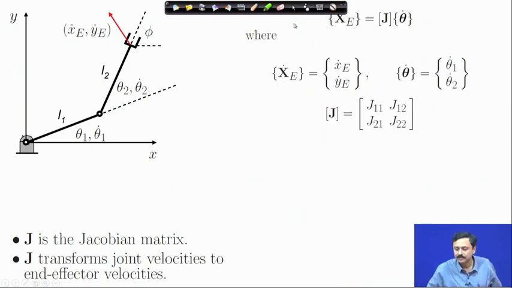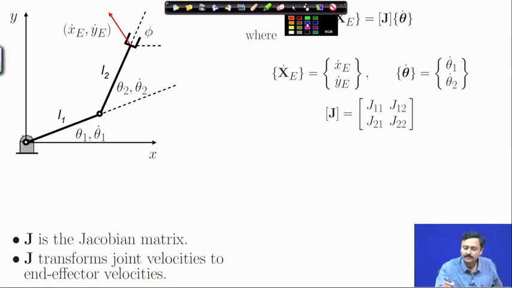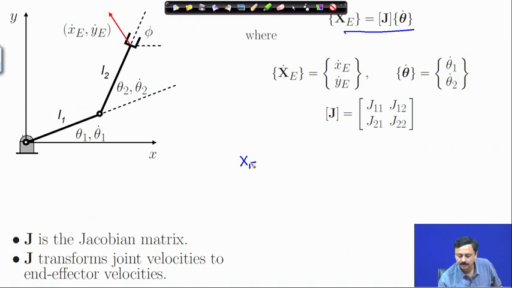So, we have these relations. As you know, if I am given this relation, now how do I find out the joint velocity vector in terms of the end effector velocity vector?